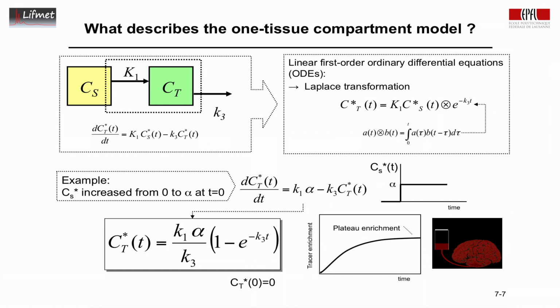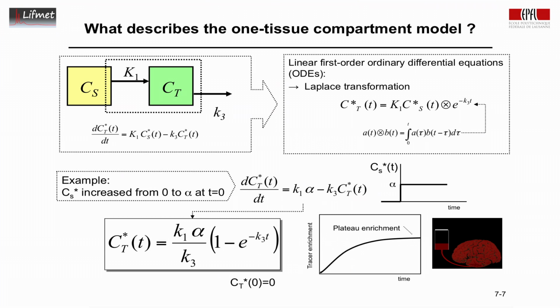It actually turns out this is not as simple in practice, and one has to be a bit cautious here. For one thing, to determine this time constant, one needs to know when the plateau enrichment is achieved. If we don't measure to the plateau enrichment, we don't have a good idea where the plateau is, and so this constant K3 is practically not very well determined.